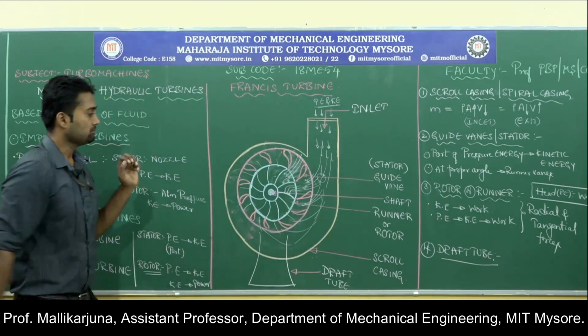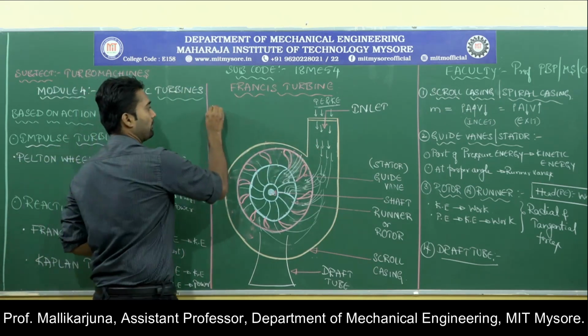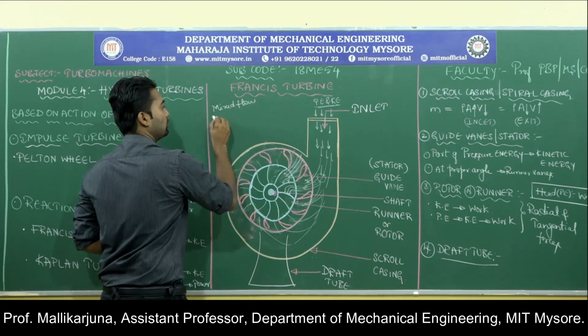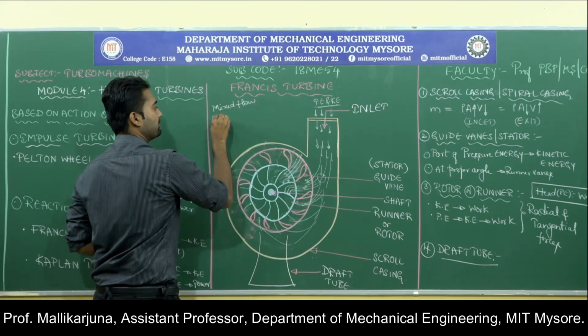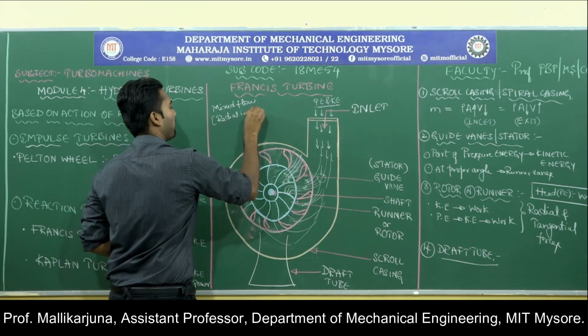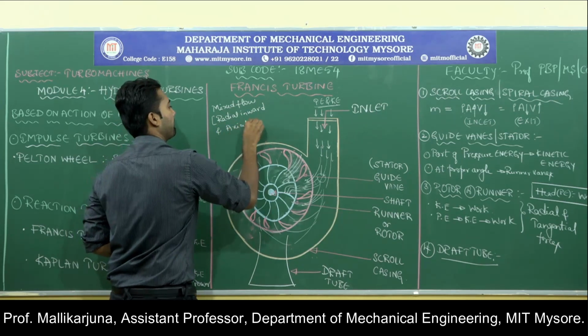Now, we have called this turbine a mixed flow turbine. In that mixed flow, two of the flows were included. One is radial inward and the other one is axial exit.